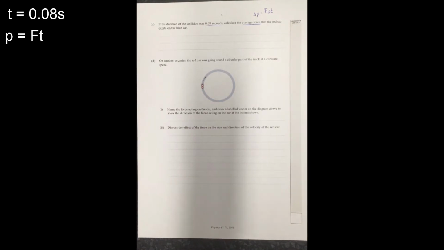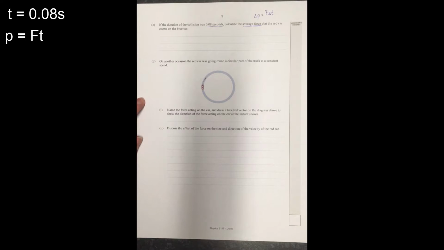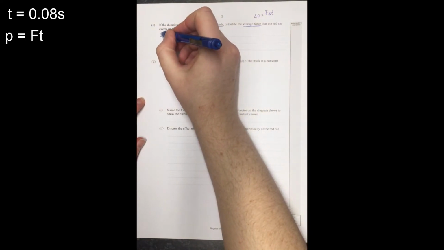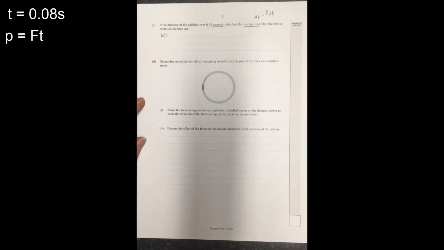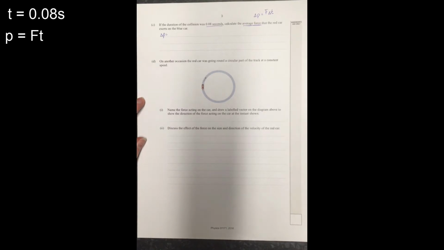So if we look at it from the blue car's perspective first, to find out the change in momentum, we need our initial minus our final. But for the blue car, it has no initial momentum because it was stationary. So all we need is to work out its final momentum.